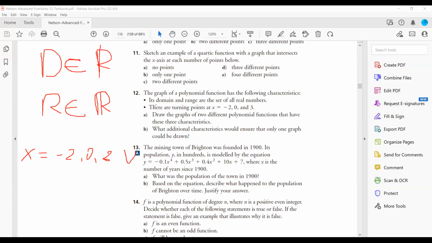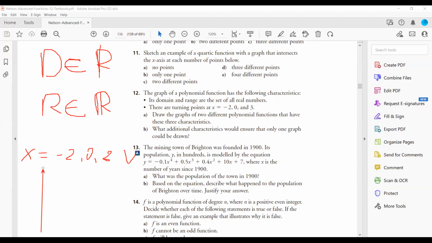And question A: draw the graph of two different polynomial functions that have these three characteristics. B: what additional characteristics would ensure that only one graph could be drawn? Let's make A, and I would like you to answer question B while I'm sketching these graphs.